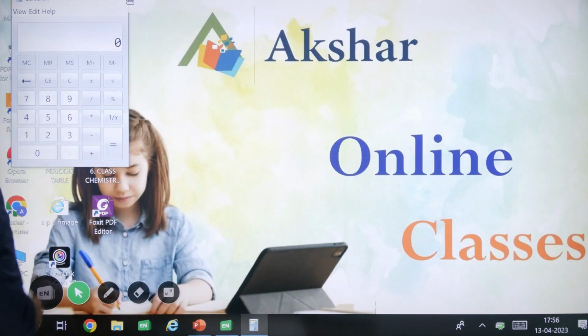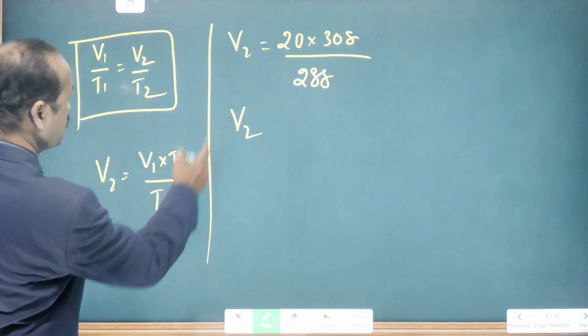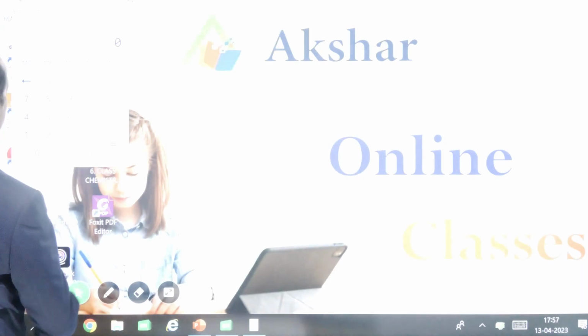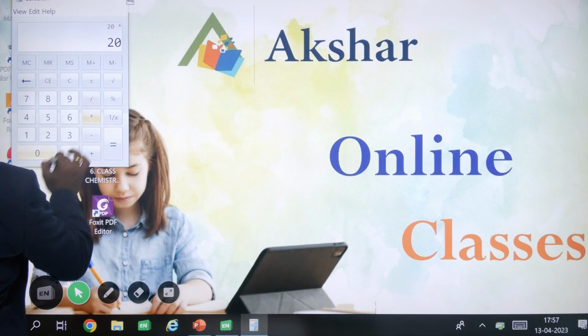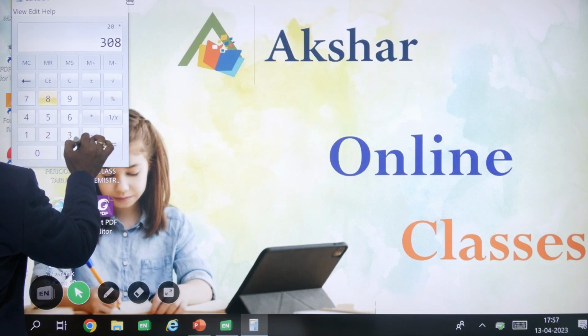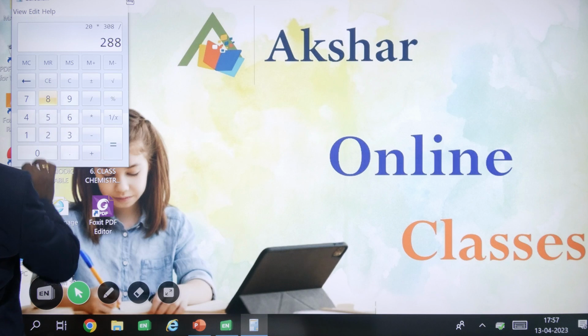See students, here I am using the calculator, but you don't use a calculator. So it is 20 into 308 divided by 288.